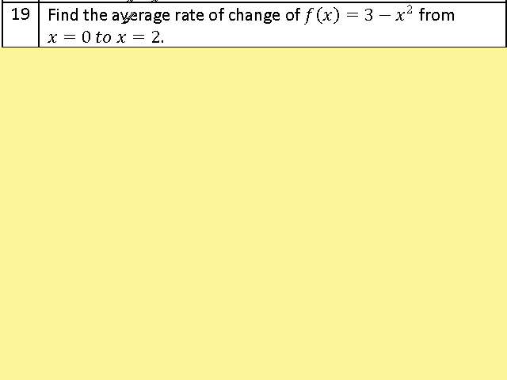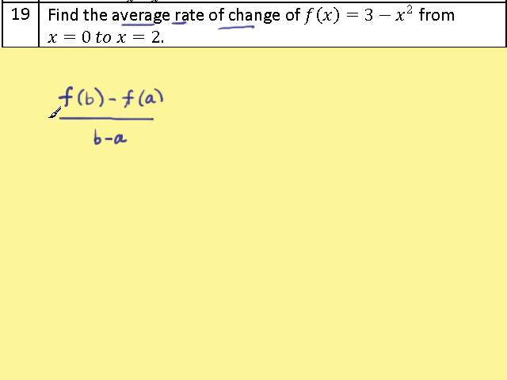In number 19, we want to find the average rate of change of this function. So let me write down the general formula. The average rate of change from x equal a to x equal b is f of b minus f of a over b minus a.